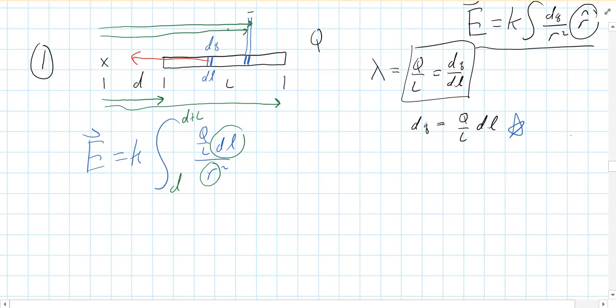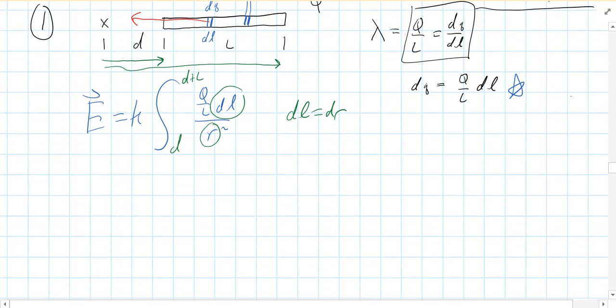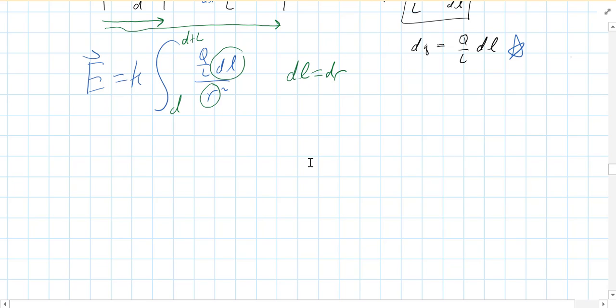If I subtract those two radii, that's dr. If you look at that picture real carefully, if I subtract these two radii, I get a dr, and the width of this little chunk is dl. So it turns out in this case, dl equals dr. So we're going to sub in for dl, we're going to put a dr there.